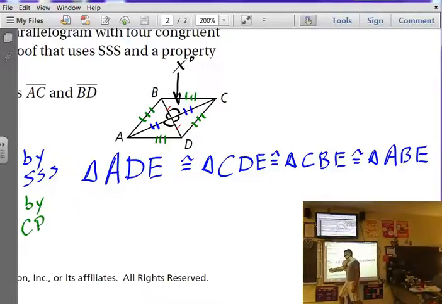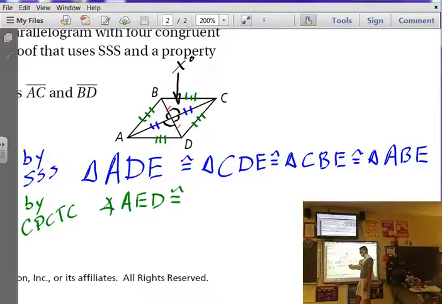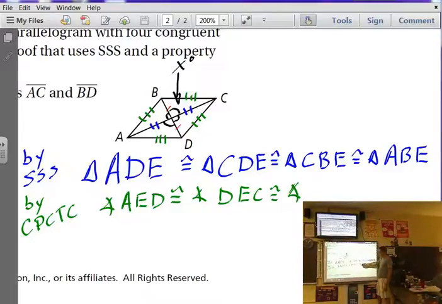Then by CPCTC, angle AED is congruent to angle DEC is congruent to angle CEB is congruent to angle BEA.